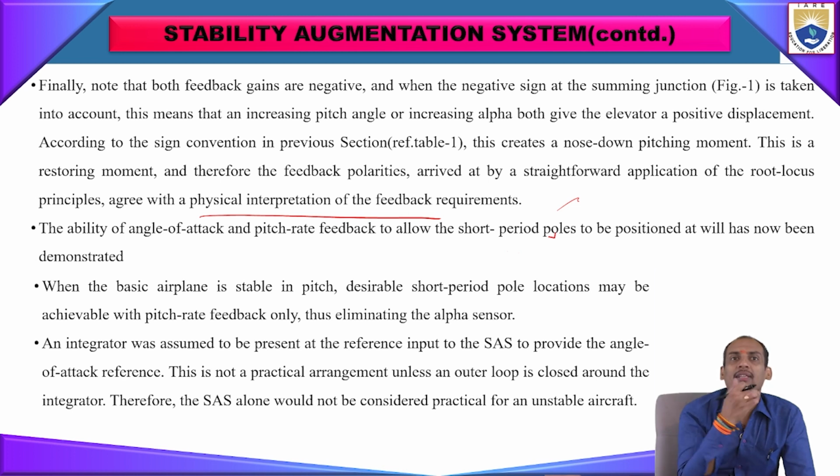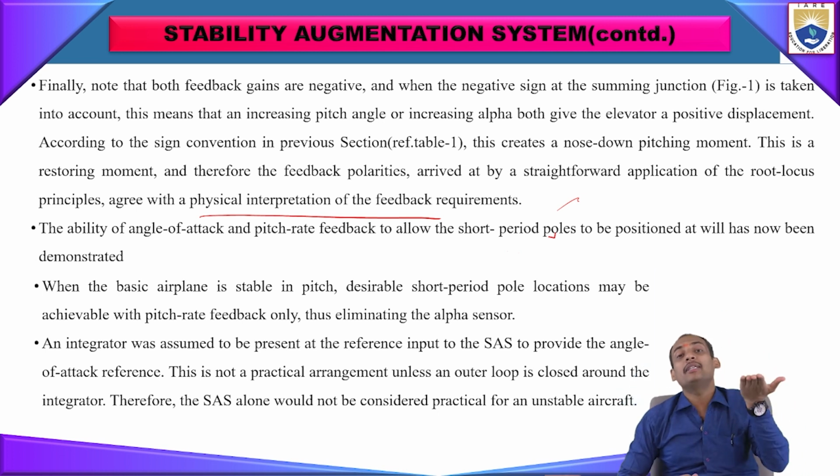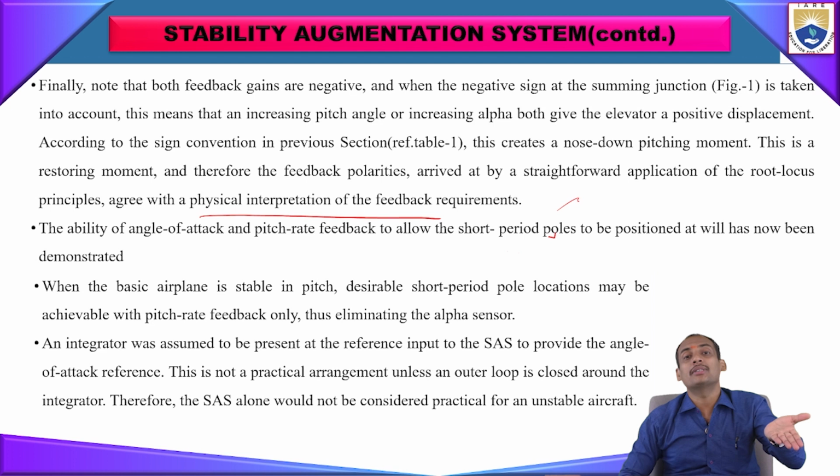When the pitch rate and the desirable short period poles have been attained, the pitch rate feedback will achieve the values, if it needs to go beyond the design values.